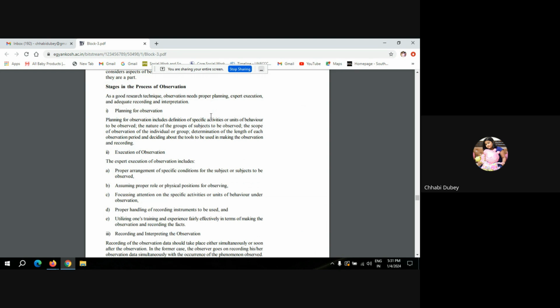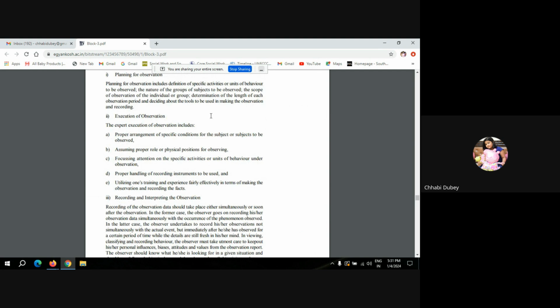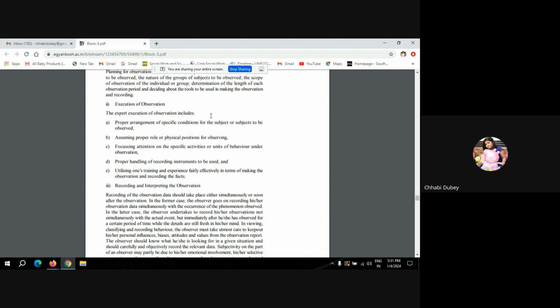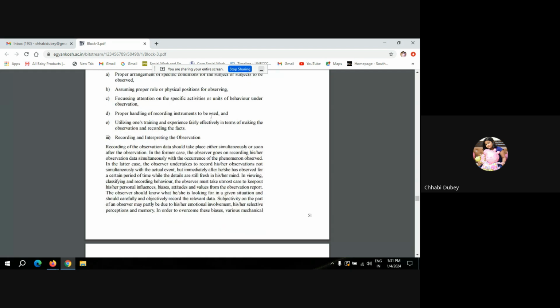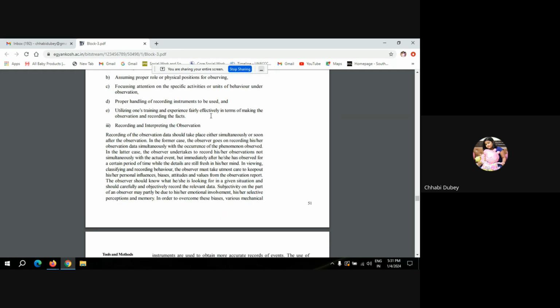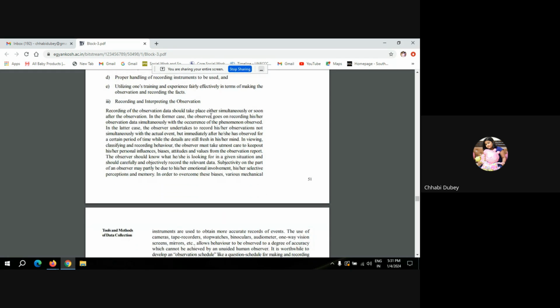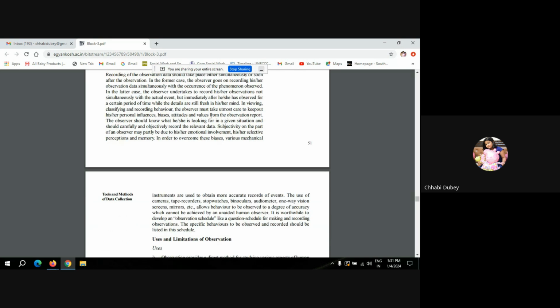This is the third step that we have to take, that we have to record the observations and we have to interpret the observations later. And again, several instruments can be used in order to observe.